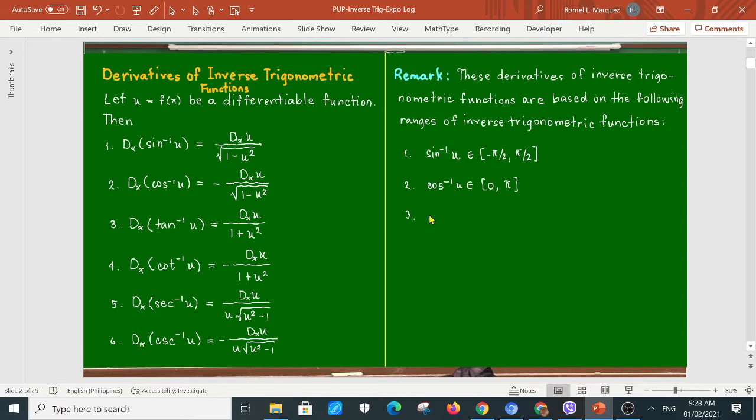Number 3, inverse tangent of u is in the interval negative pi over 2 to pi over 2. Number 4, inverse cotangent u, the value of this is between 0 and pi.